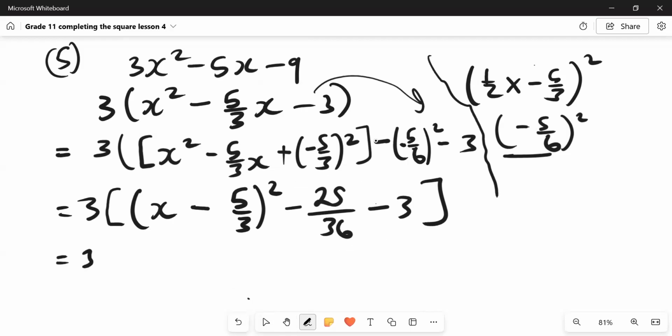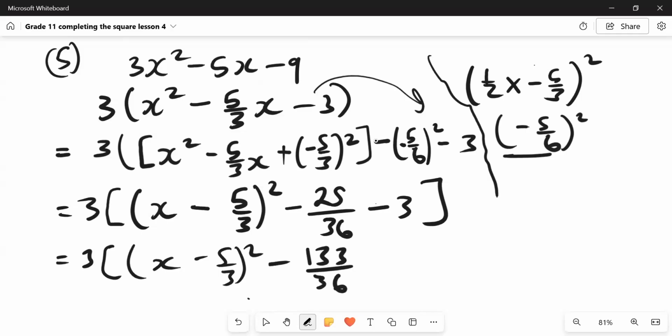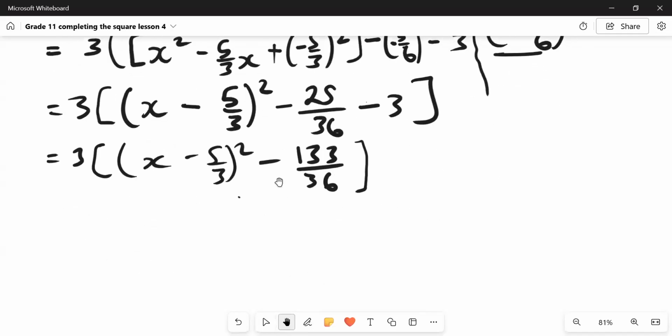And then we have to take care of these numbers here. So you'll have your 3 x minus 5 over 3 all squared. And when we use our calculator, we got negative 133 over 36. And then from here, you distribute the 3.